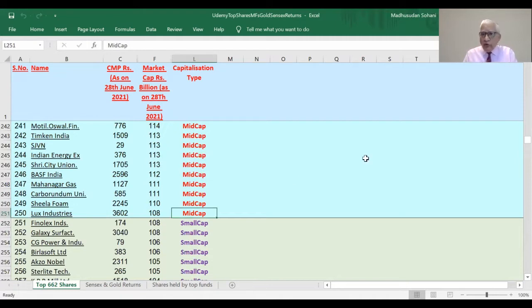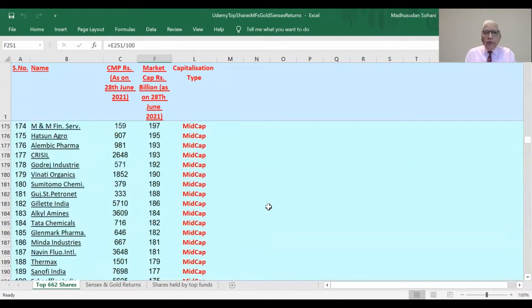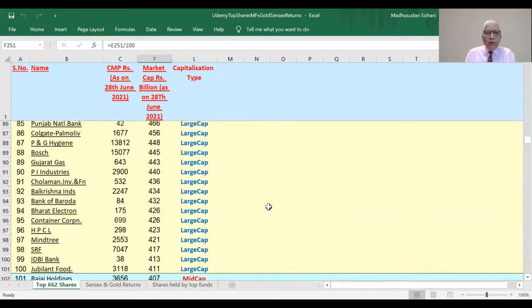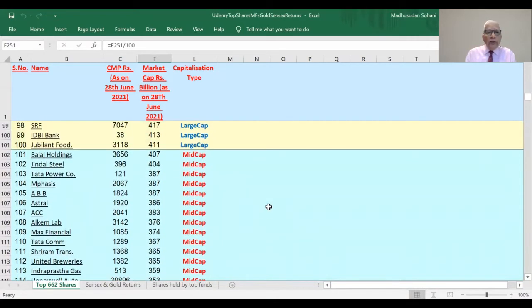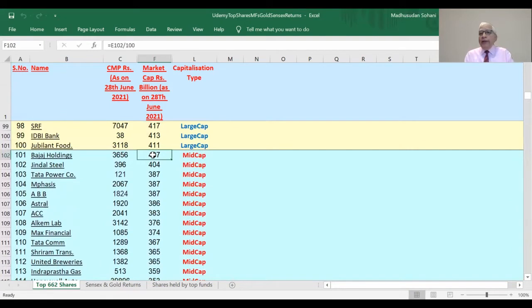So large cap is top 100. Next 150 shares is mid cap. And what is the market capitalization of the 250th share? 108 billion rupees. So 108 billion rupees to 407 billion rupees is forming the mid cap space, as we call it.